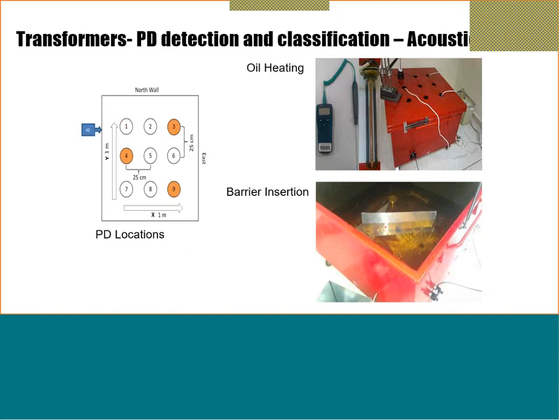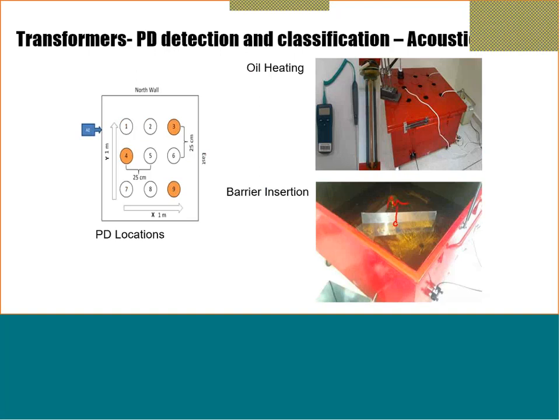We tried to do different things here. We try to insert a barrier between the sensor and the source of partial discharge. Because this happens in reality, that in many cases you don't have a line of sight between the source and the sensor; there are some objects. So the PD has to go through this. How will this affect our classifiers? Also, the transformer temperature is not constant.